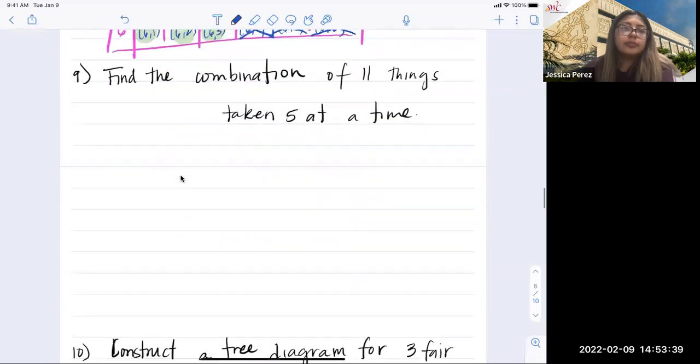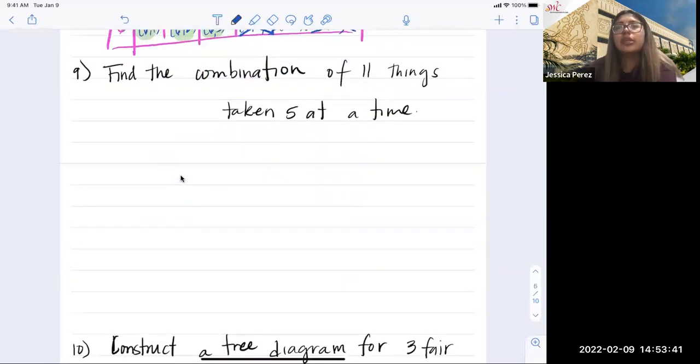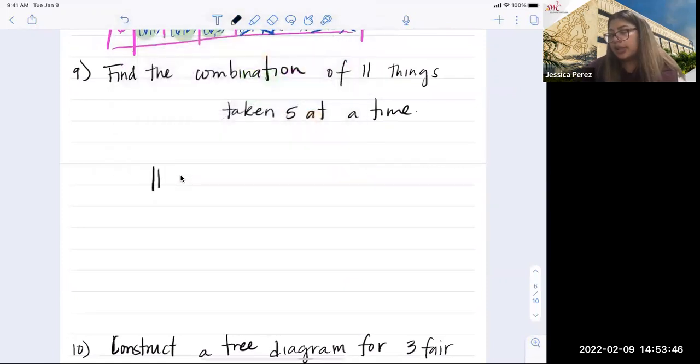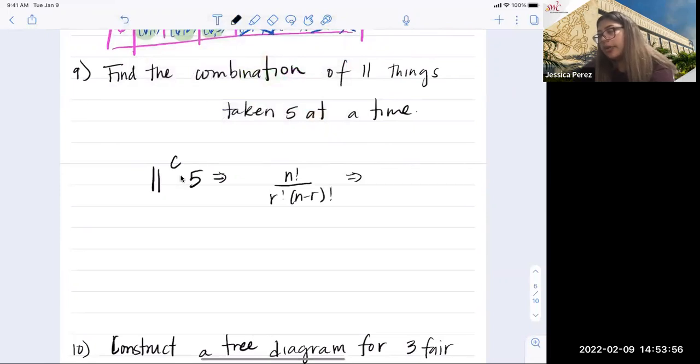All right, number 9, find the combination of 11 things taken 5 at a time. So again, it's 11 combination 5. The combination formula is n factorial over r factorial times n minus r factorial, where n is the bigger number and r is 5.